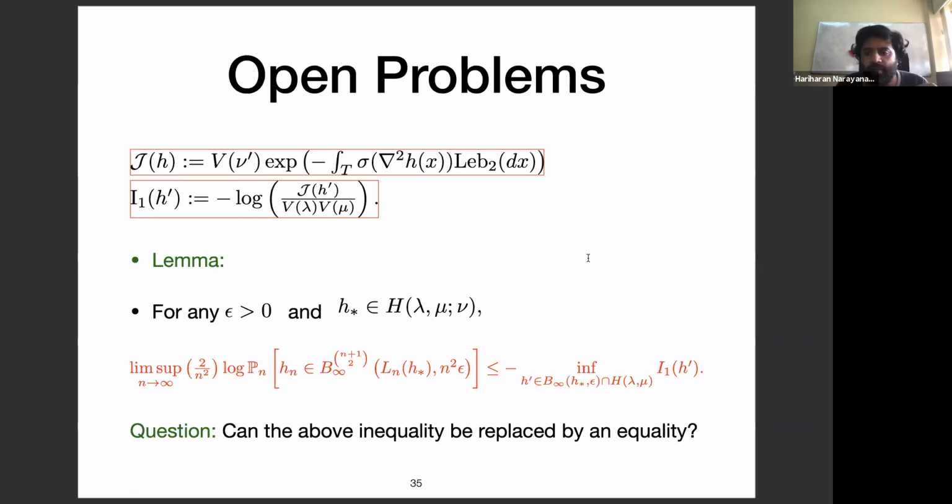So we don't have these two different values for the lower bound and the upper bound. But in general for hives we do have this, and so the question is, could this inequality be turned into an equality? That is one question.